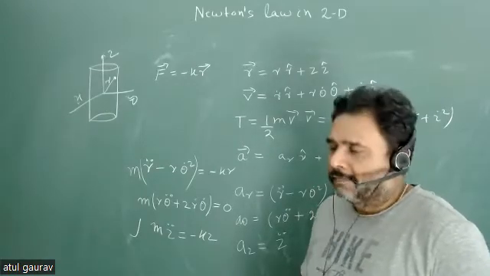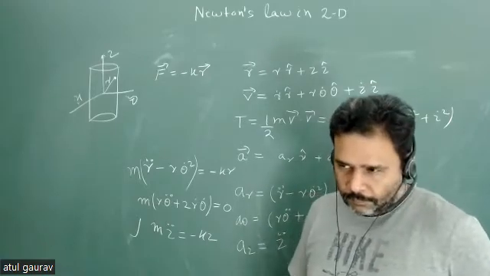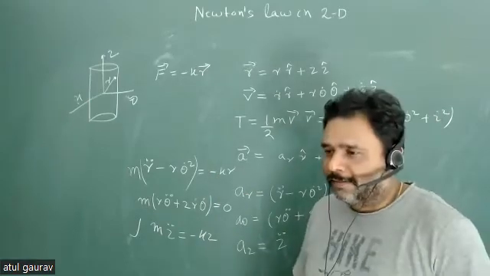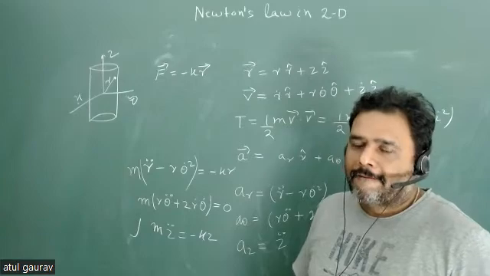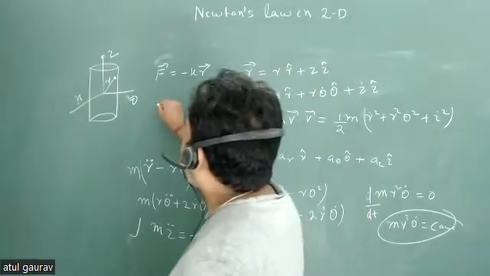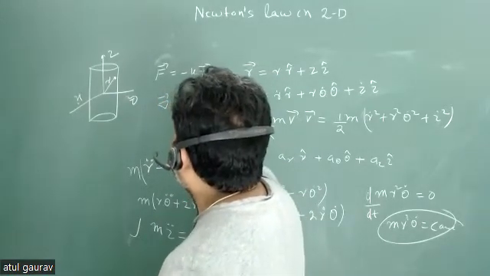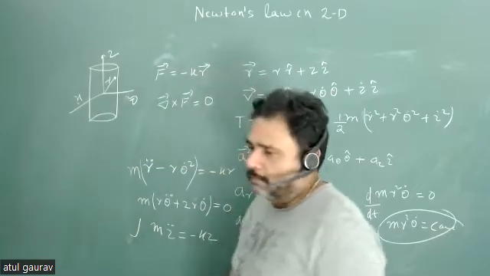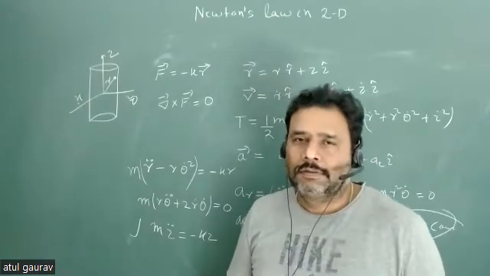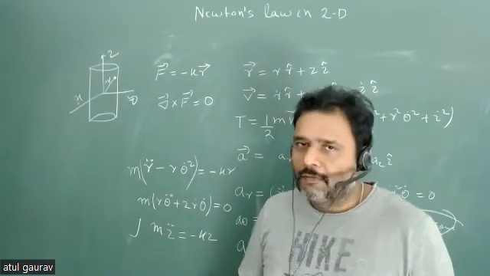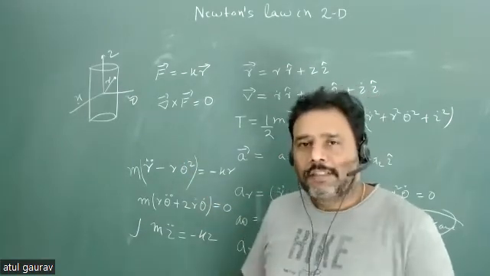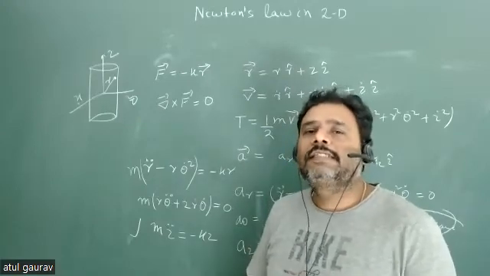How do you know that this is conserved? Sir, we can also apply the Poisson bracket. Not needed to apply the Poisson bracket here. We are just using the Newtonian approach. First, you can easily calculate del cross F. If del cross F is equal to 0, what is the meaning of that? The force is conservative. In vector calculus you have learned that when del cross F is equal to 0, the force is conservative.